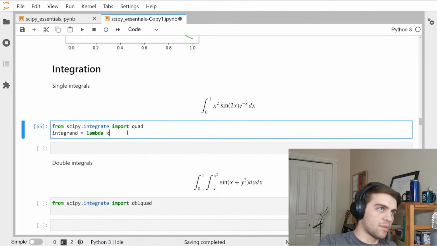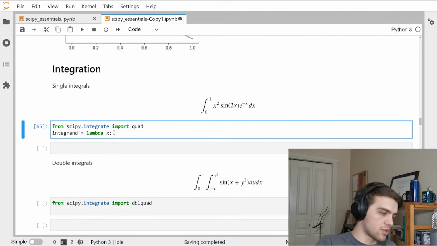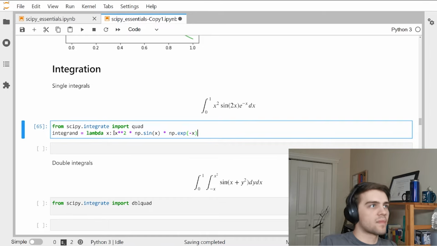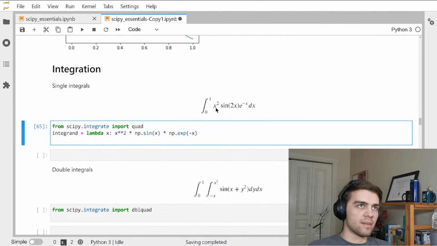I use a lambda function here, which is just a function. It says, give me x, and I'll return x squared times np.sin of 2x times this exponential here. And once I have the integrand and the bounds, SciPy will take all that in, eat it up, and spit out the integral using advanced integration techniques.